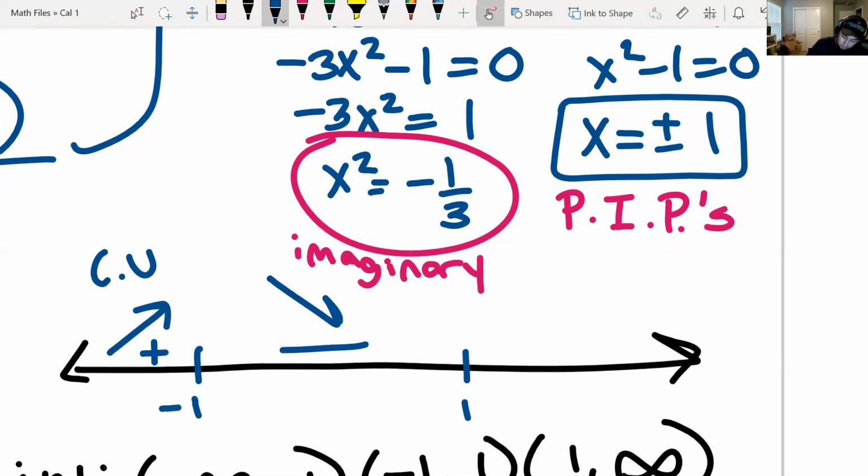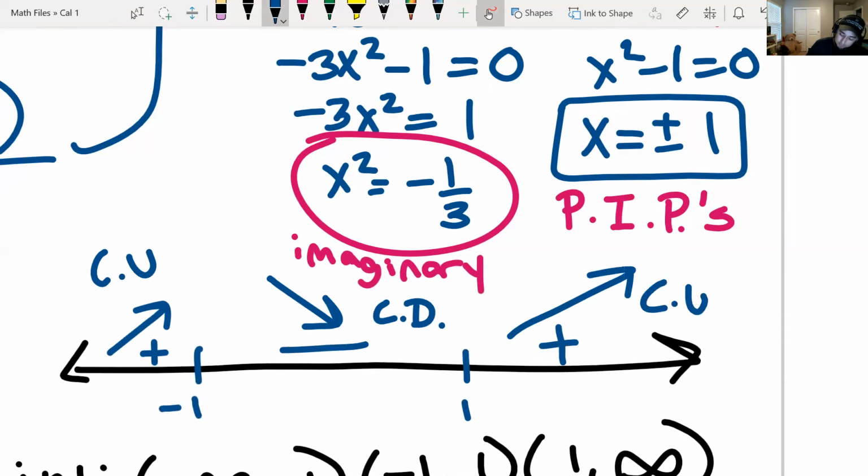Minus means concave down. Plus means concave up. So looking at this, we look at -1, and does concavity change? That answer is yes. At -1, you go concave up to concave down. So -1 is an inflection point.